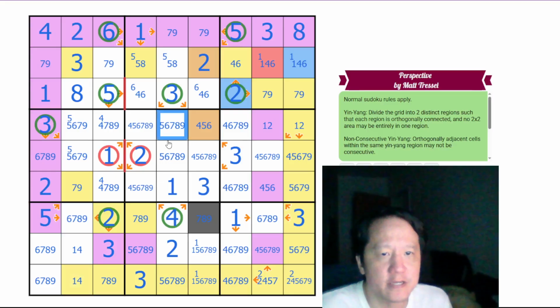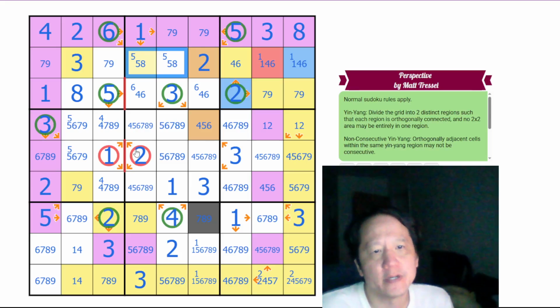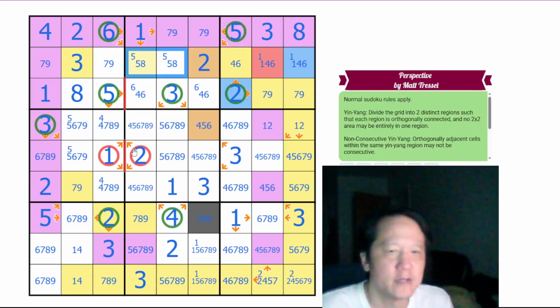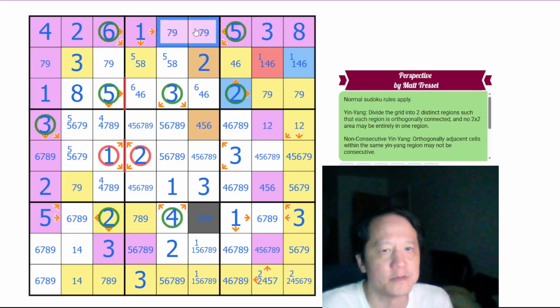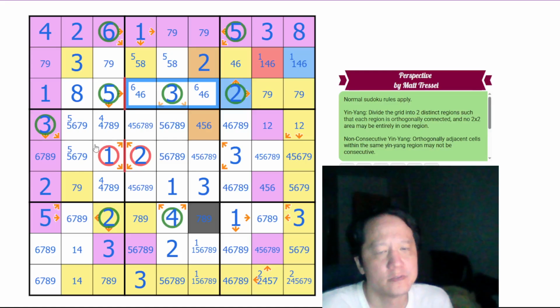Does it tell us anything else? I don't really know. This is 5, 8 as a pair. How did we know that? I don't remember. Oh, because 4 can't be here. 8 can't be here. This has to be 7, 9. Right. We have 4 and 6 here as a pair. 5 and 8 as a pair.